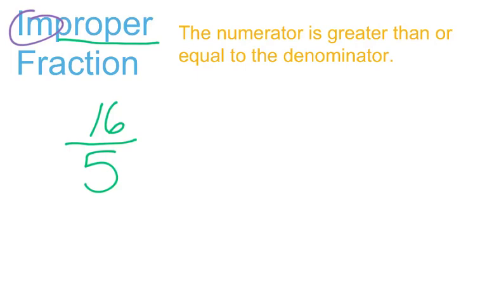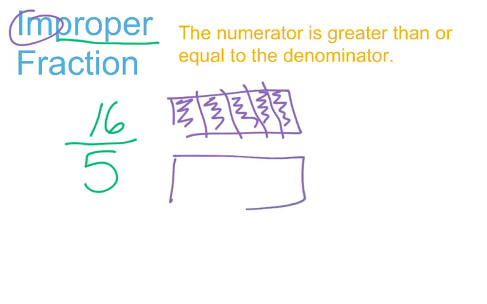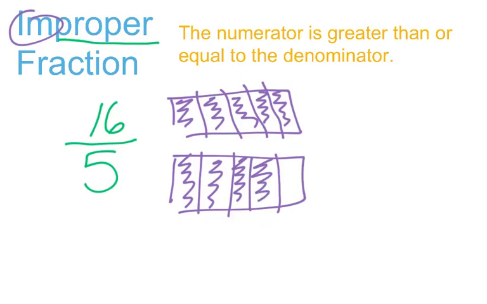This might look like, if we drew it on fraction strips, 1, 2, 3, 4, there's fifths, 1/5, 2/5, 3/5, 4/5, 5/5. I have to keep drawing, okay? 6/5, 7/5, 8/5, 9/5, 10/5.